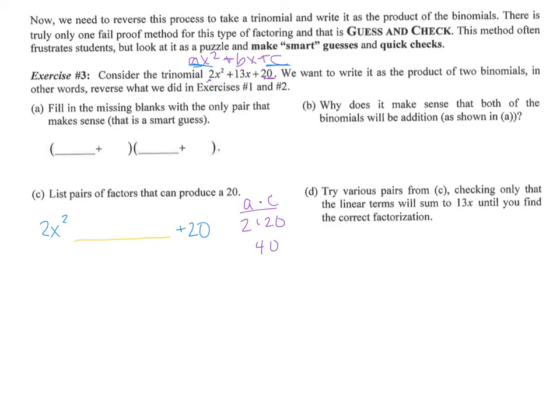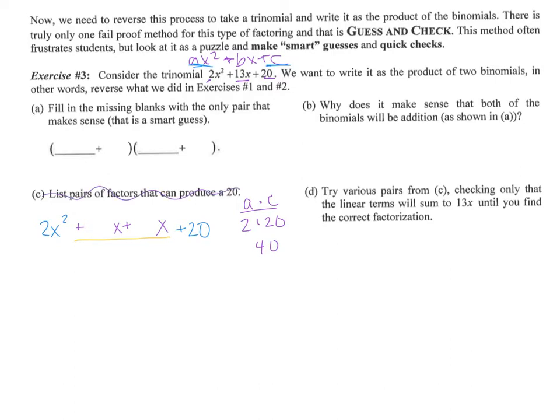So we need to figure out what multiplies to equal 40 but adds to equal 13, because 13 is what got split up. Since 20 is positive and so is 13, we can assume that both of the middle terms are also going to be positive.